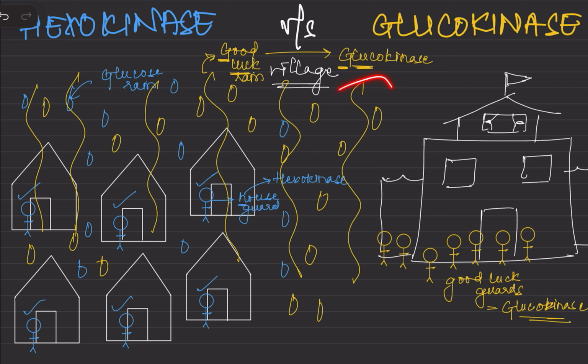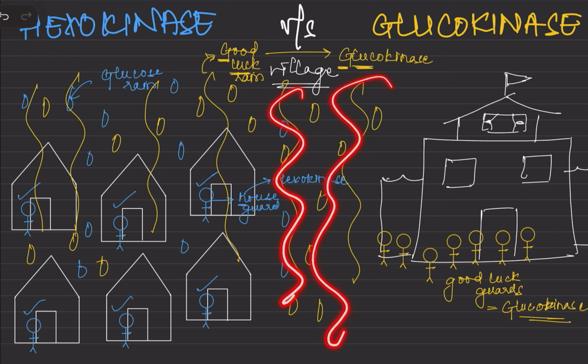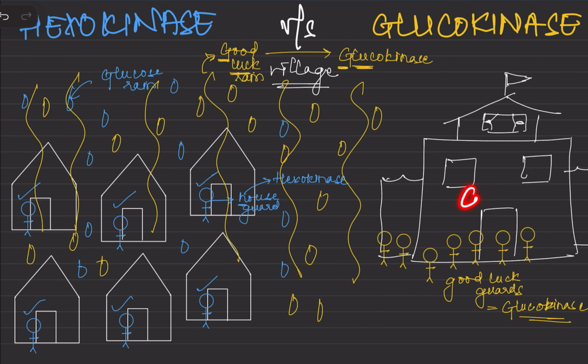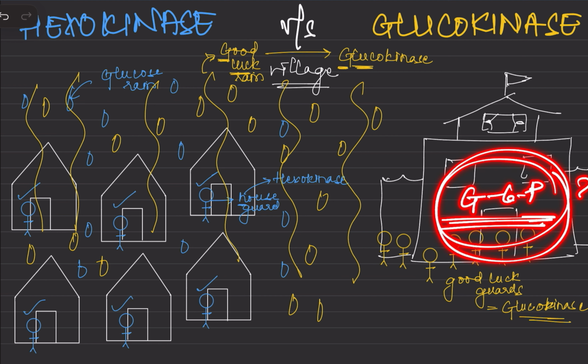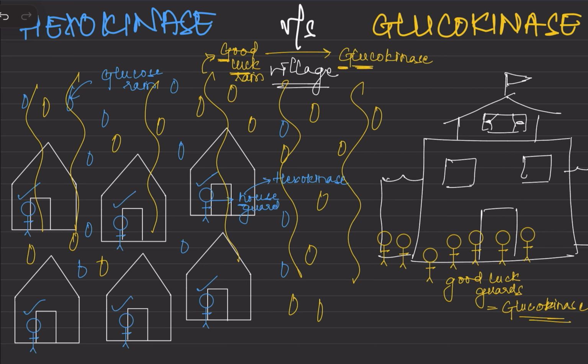Glucokinase will take this extra glucose, which could not be stored in the house, take it into the palace, make glucose 6-phosphate, and store it in the palace of the village. So why do we store it in the palace of the village? You would say that, okay, if there is too much glucose falling, if there is good luck rain, let it fall and let it get wasted. Why am I actually taking the effort of storing all of this good luck rain, or glucose, in the palace? Because there can be a situation where there is a drought in the village.